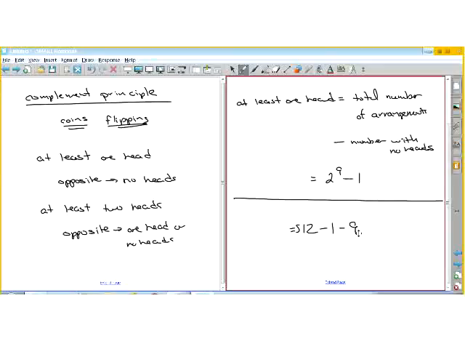Whatever this exponent is, that's the number you put here, because you can have the head in the first flip, second flip, third flip, all the way through the 9th flip. So there's 9 of those. And so at least 2 heads, you take the total number, subtract the opposite, which consists of 2 parts. So that would be 502. This one would be 511, because 2 to the 9th is 512.